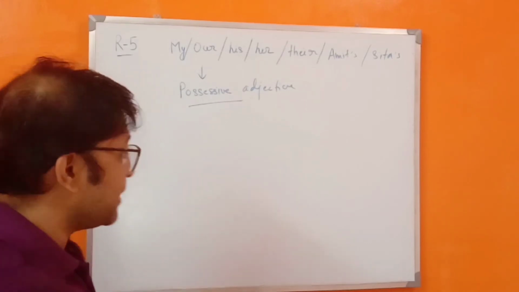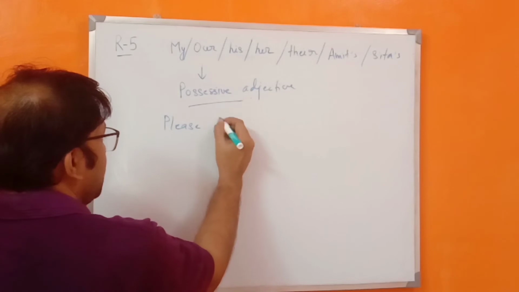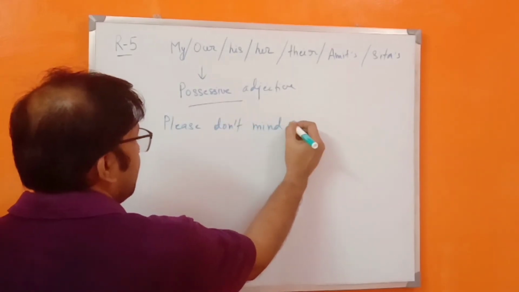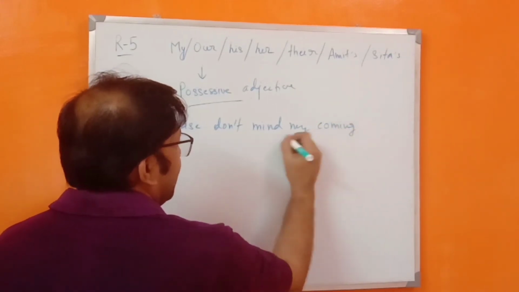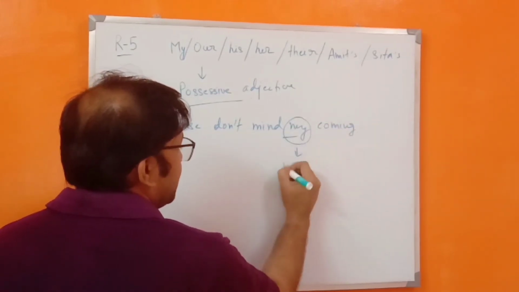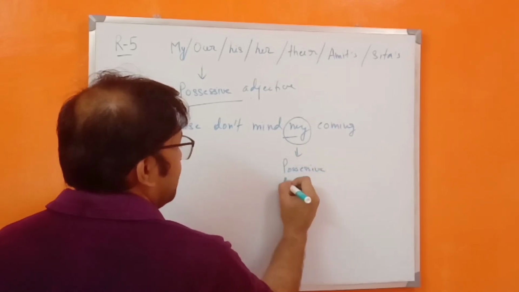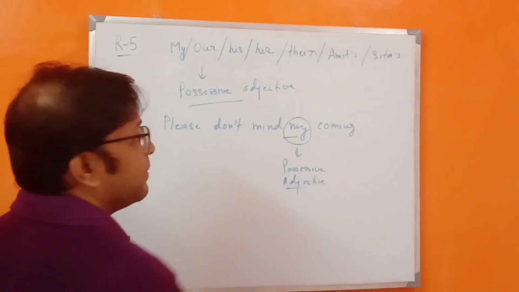For example, please don't mind my coming. Here this one is used as a possessive adjective, not as a possessive noun. So you have to be very careful about that.